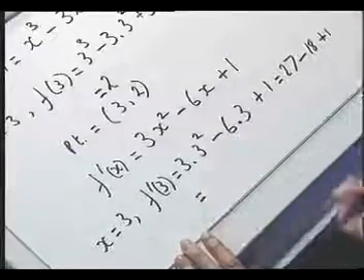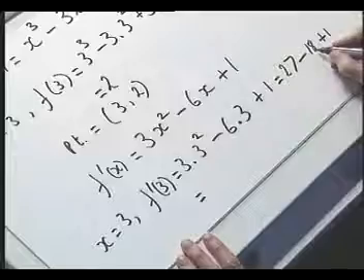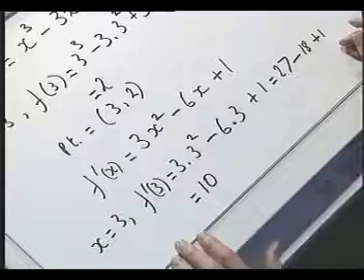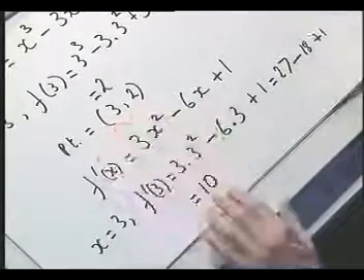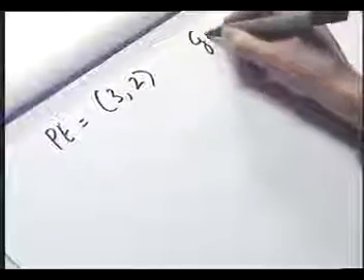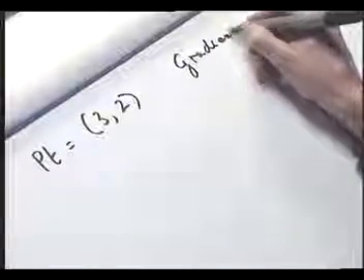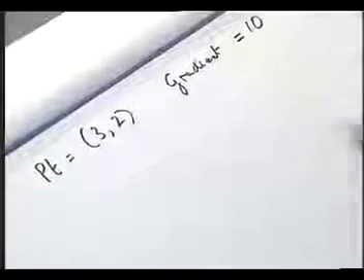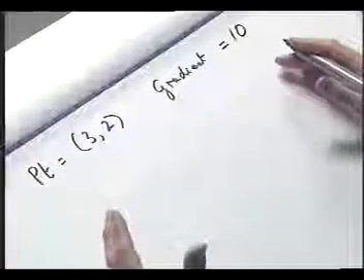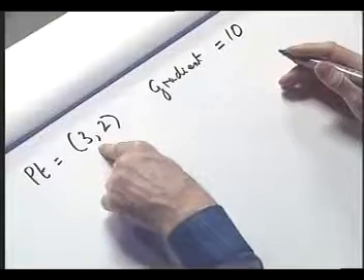And so this works out to be 27 take away 18, that's 9, and add on 1, that's 10. And so we've got a point and we've got a gradient. So let's write those things down. We've got our point, which is 3, 2, and we've got our gradient, which is 10.